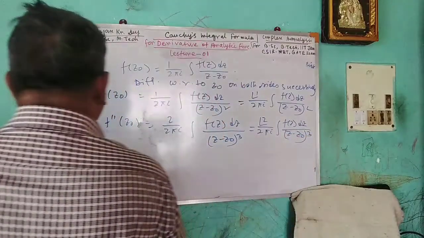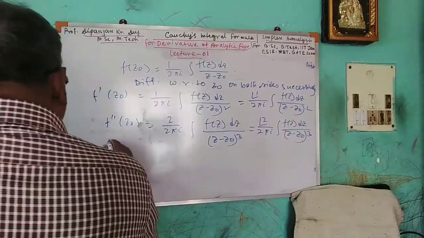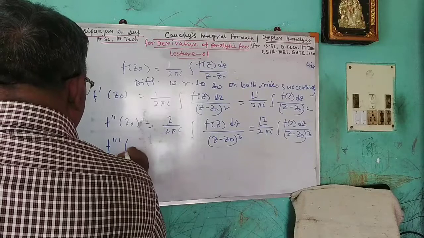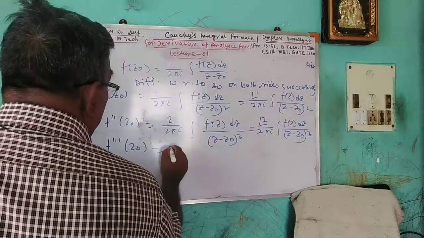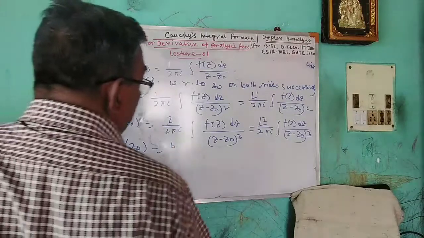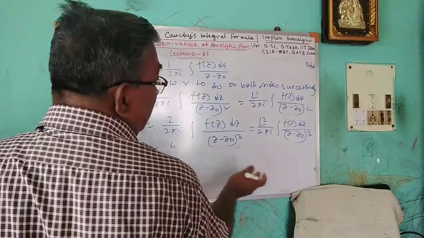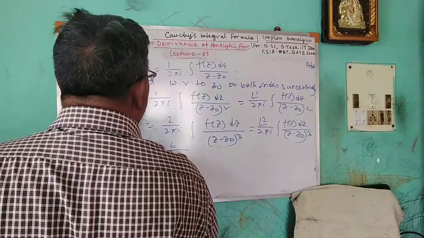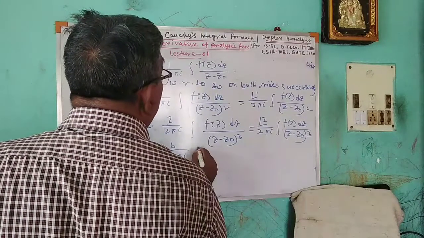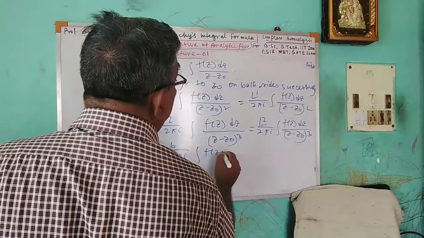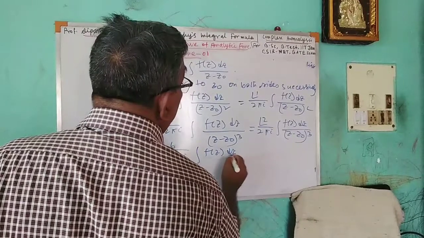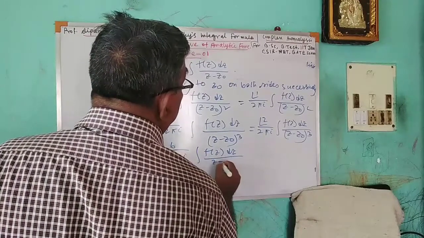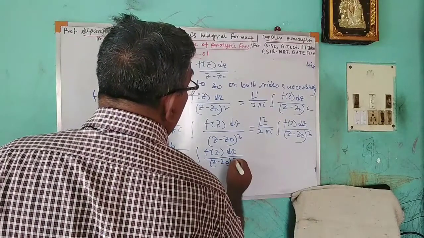Now if we differentiate again, f triple dash z0, then we get 6. Taking this in the numerator, then differentiating with respect to z0, this will be 6 by 2 pi I integration f of z dz by (z minus z0) whole to the power 4.